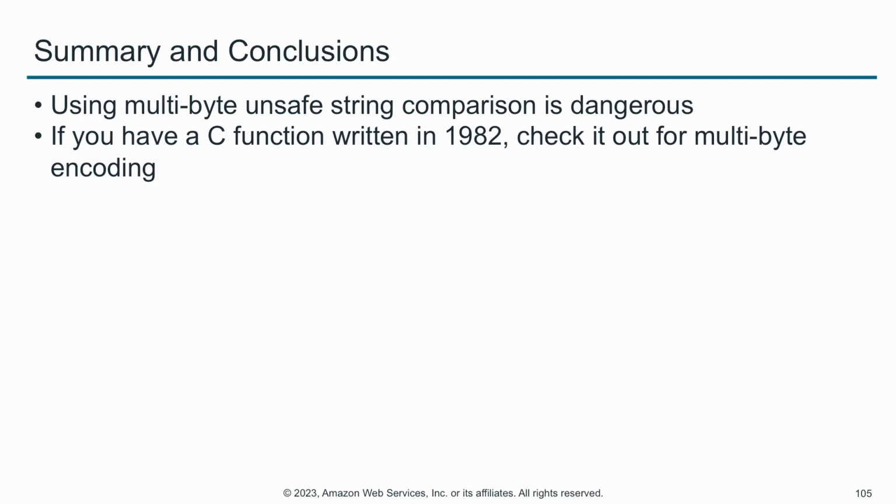That's a lesson learned from this research. And MySQL code has functions, if you didn't know that, from 1982, 1984. Those functions may not work properly with multi-byte character sets that didn't exist at that time.